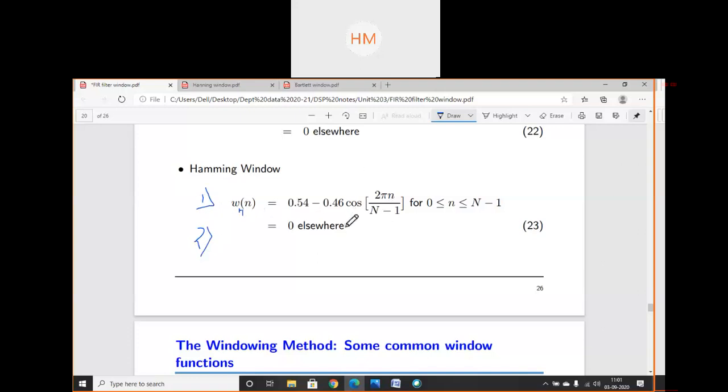Now write down the non-causal Hamming window function is given by 0.54 plus 0.46 cos 2 pi n upon N minus 1 for this limit. Okay, so that equation will be for non-causal. The second equation for non-causal, just a plus sign will be added, elsewhere otherwise it is 0. Clear, students?